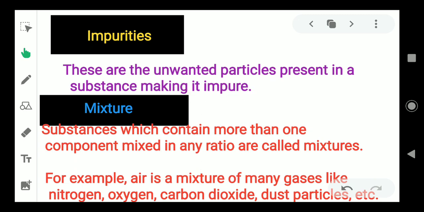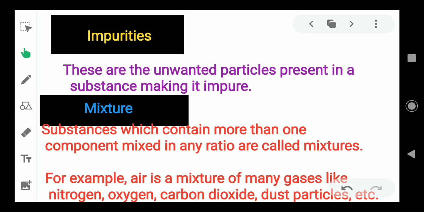Next one is mixture. Substances which contain more than one component mixed in any ratio are called mixtures. That means it can be of 2 kinds, 3 kinds or 4 kinds or more, and are added in any ratio.